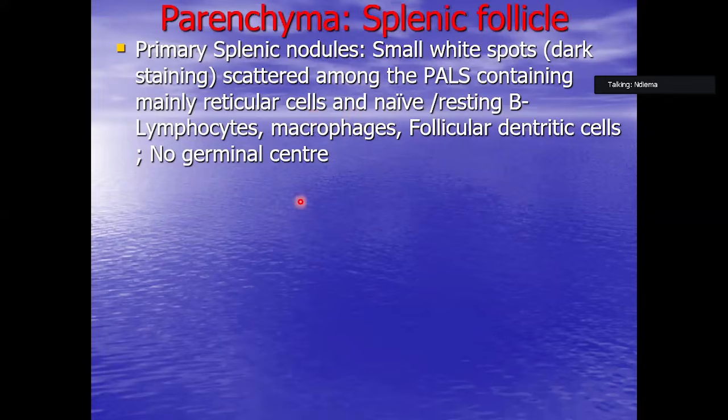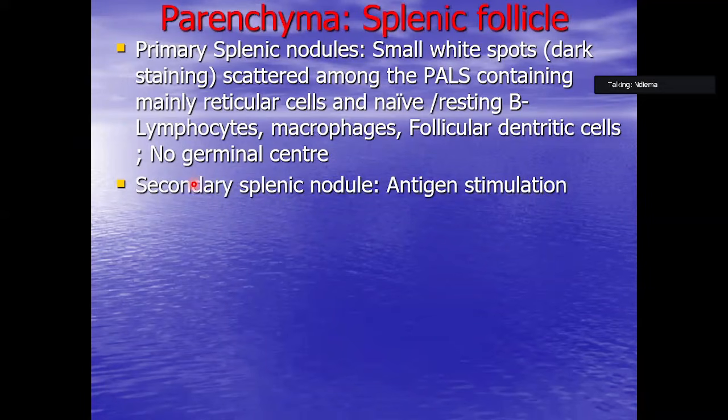In the primary, there is no germinal center. So we do not have the activation in the case of the primary. In the secondary splenic nodule, which are just shown, there is a germinal center. And this is where antigens have been presented to the T lymphocytes and the B lymphocytes, and there is activation of the cells.